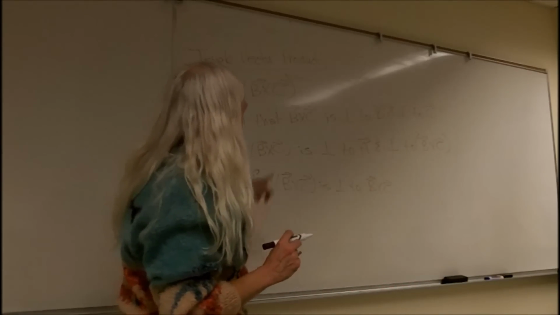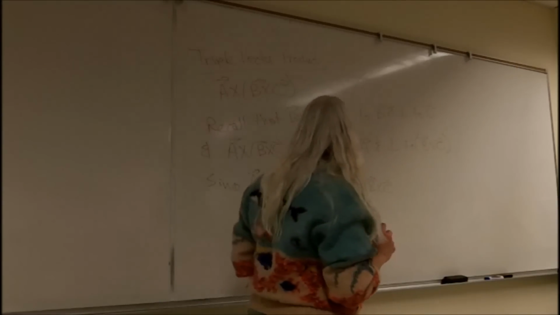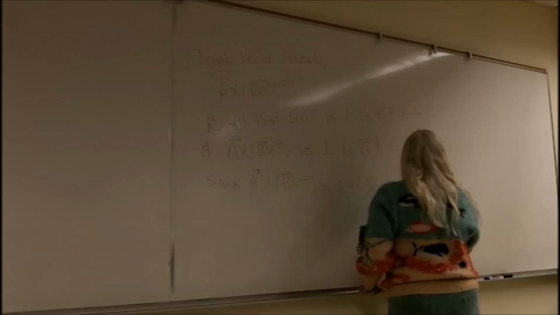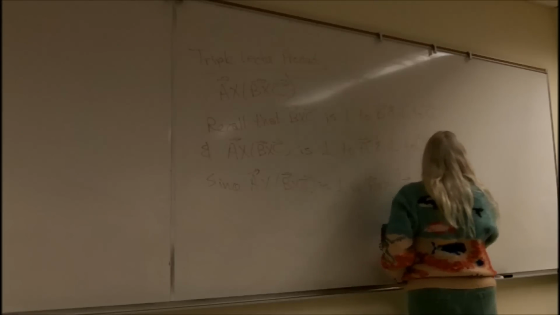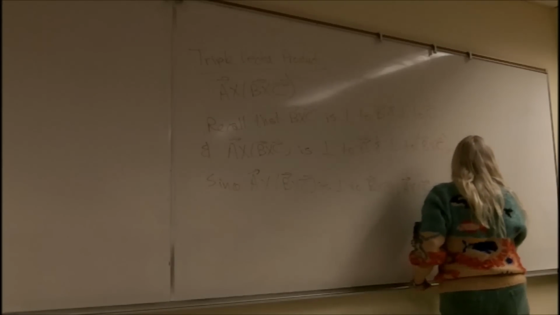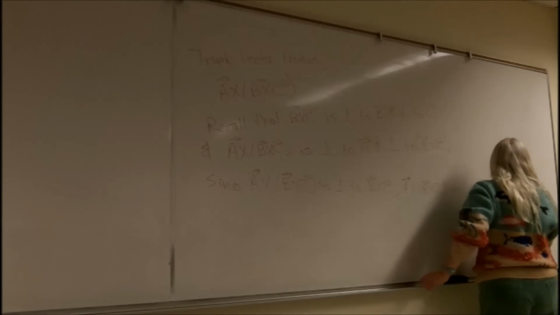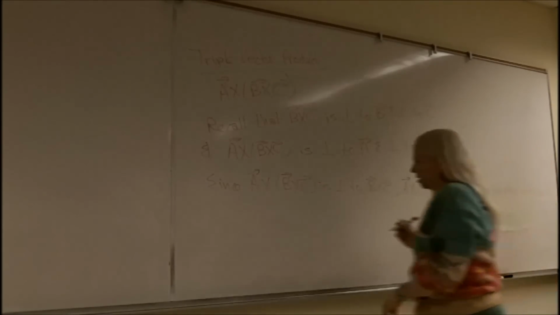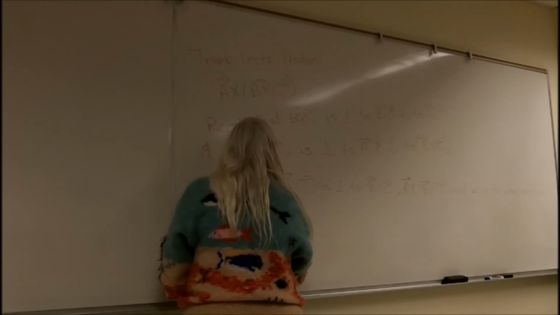And B cross C is in turn perpendicular to both B and C. This means that A cross the quantity B cross C must be in the plane containing B and C. Right?